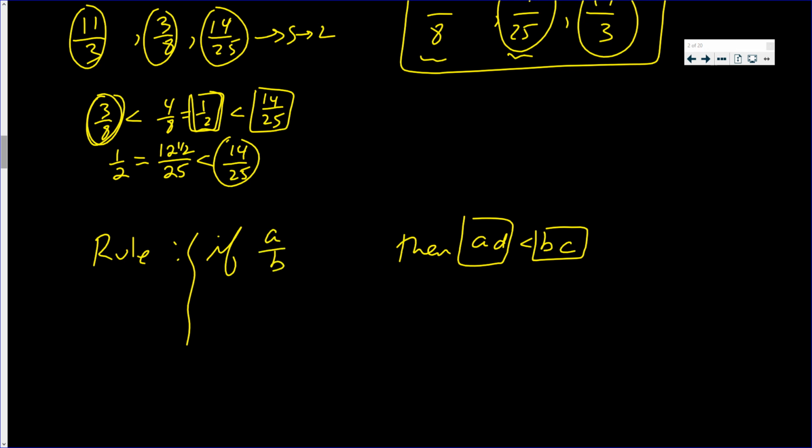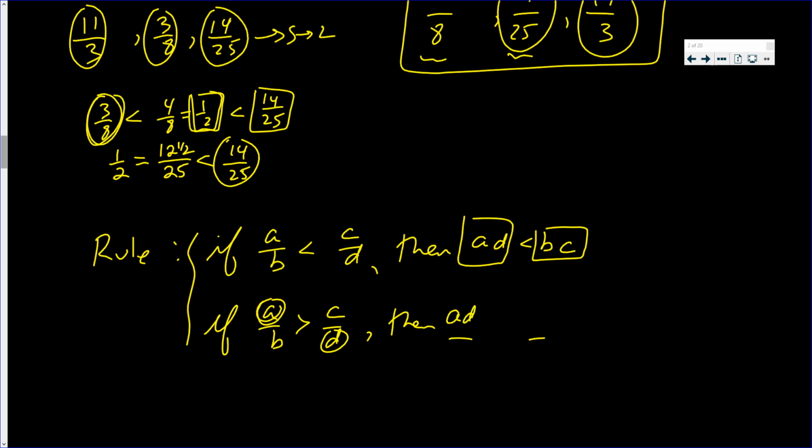If A over B is less than C over D, then that happens. And if A over B is the bigger one, bigger than C over D, then A times D, so we have left and right. Since A is on the left, I write AD is bigger than B times C. C's on the top right, so BC goes on the right.